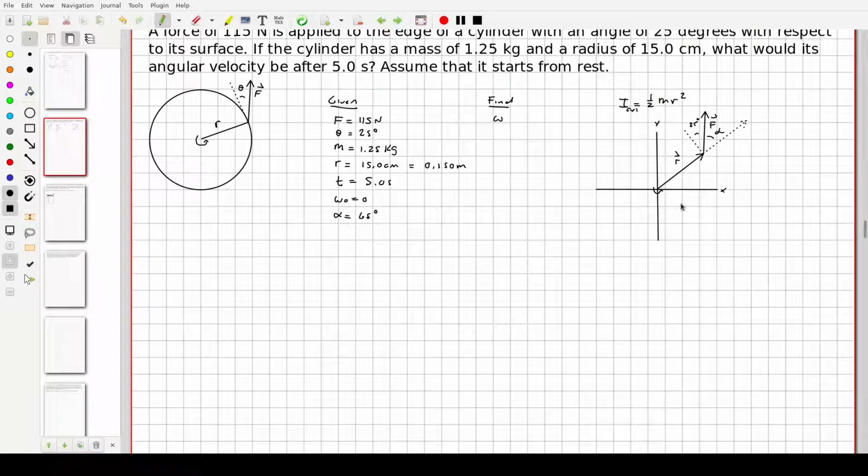Now, what that means is that we can find the torque. First thing we'll notice here is that this force is going to cause this to go counterclockwise, which means it's going to be positive torque. So positive torque means positive acceleration. It works just like Newton's second law. Okay. So we also know that the magnitude of the torque is going to be the magnitude of R times the force times sine of the angle in between, which is going to be alpha.